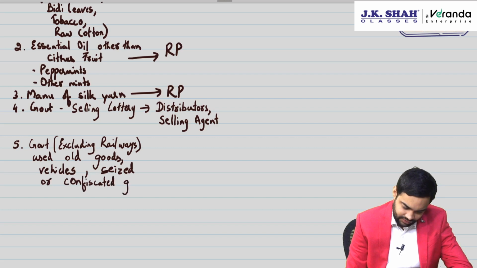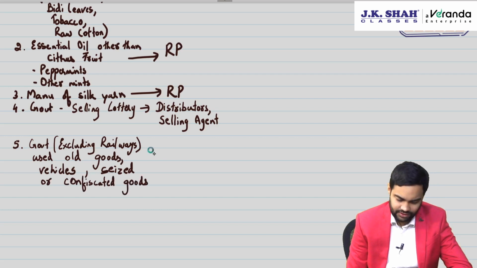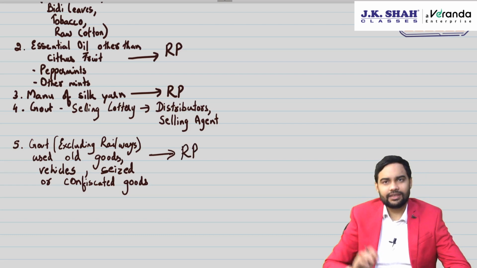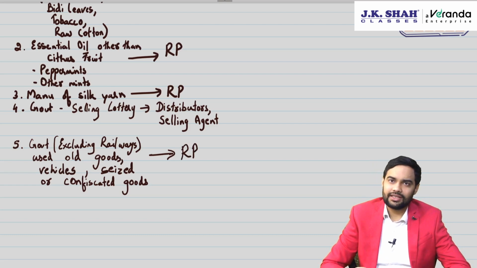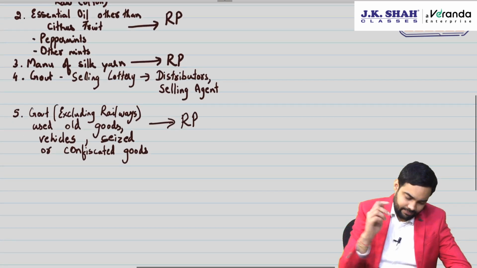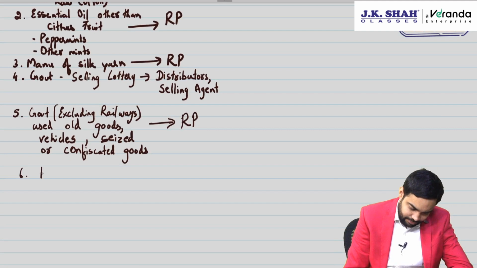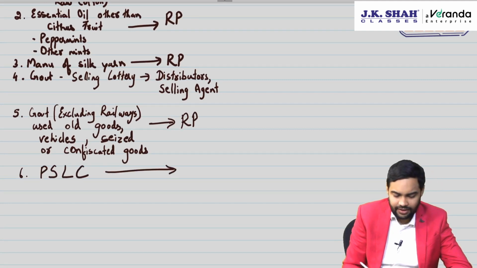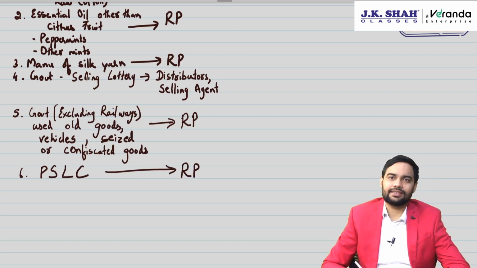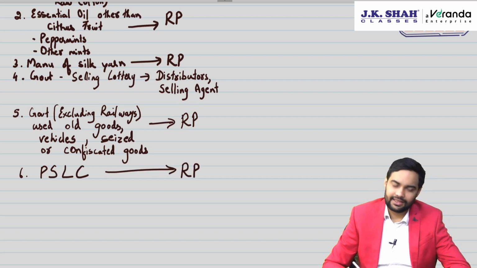All those confiscated goods are then sold. Now when they sell it to a registered person, then the registered person is responsible to pay the tax under RCM. And then there is priority sector lending certificates. When sold to a registered person, he has to pay tax under RCM.